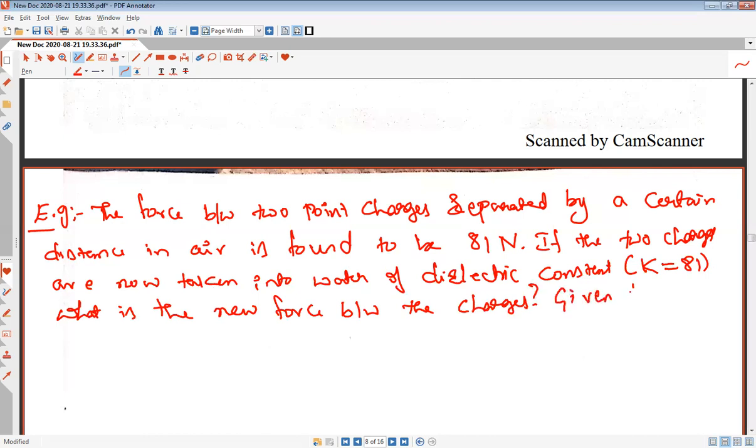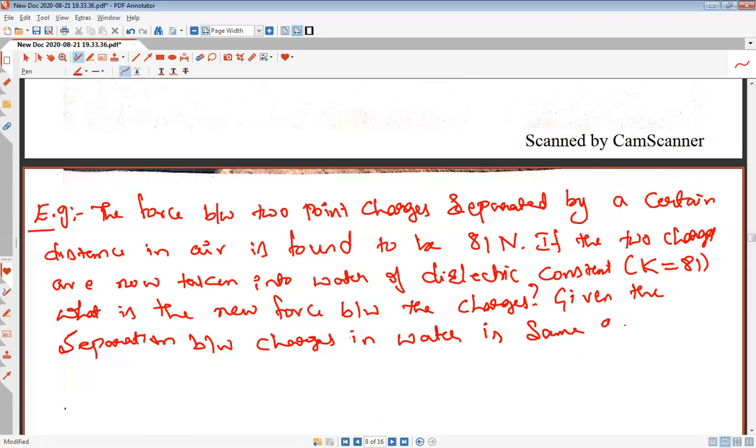Given the separation between charges in water is the same as that in air.